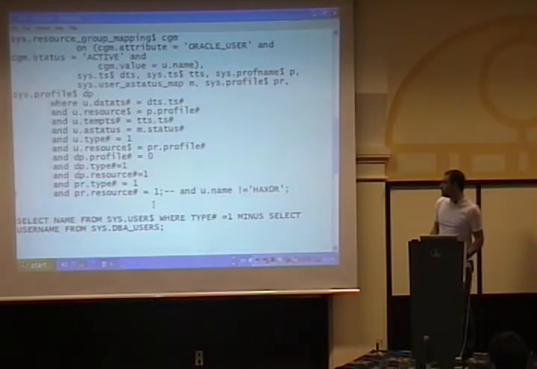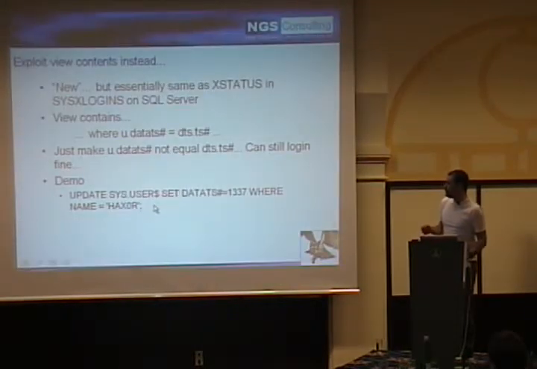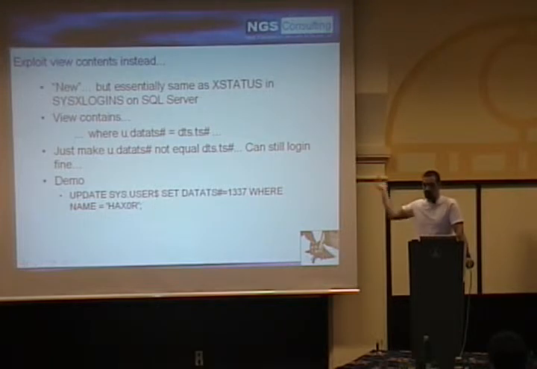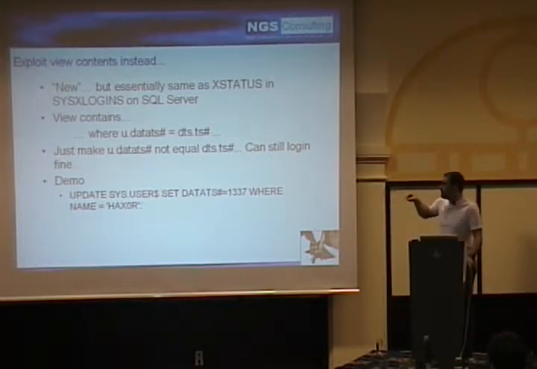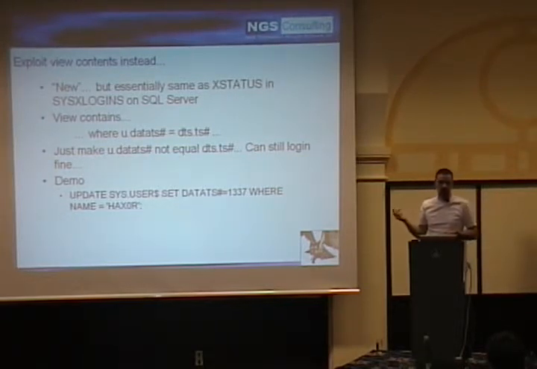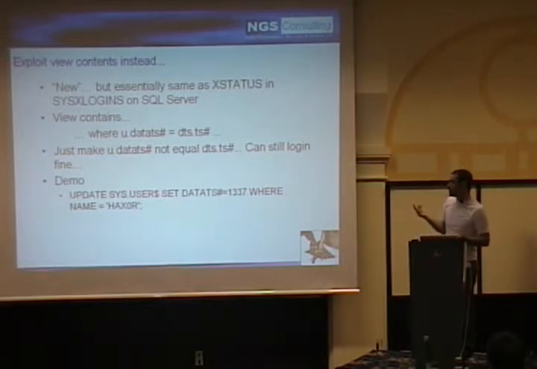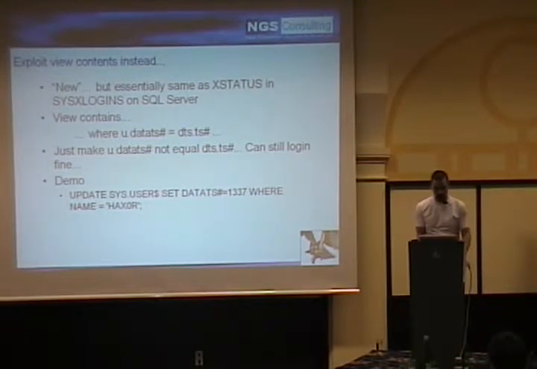So rather than modifying the text of the view, we can simply manipulate the data the view depends on so that the account is hidden. Now, I say this is a new method. It's not really new. This is exactly the same thing in Oracle that we did with xstatus in SQL Server. It's essentially abusing the view's content itself to make the account hidden.